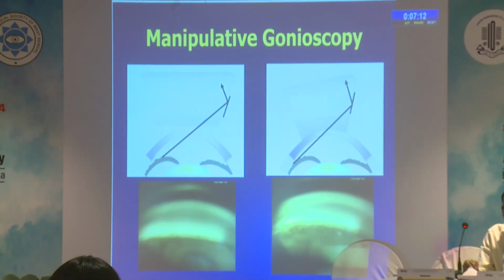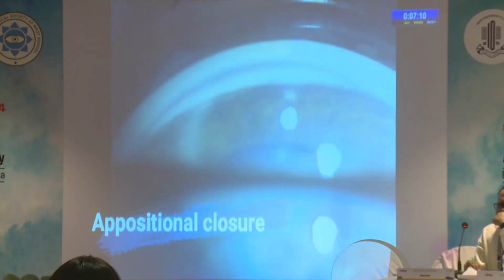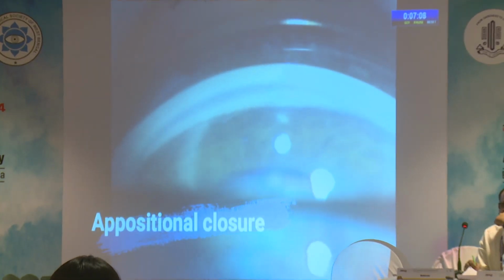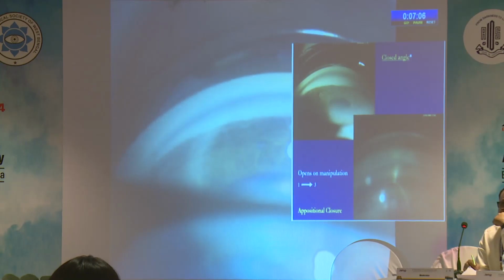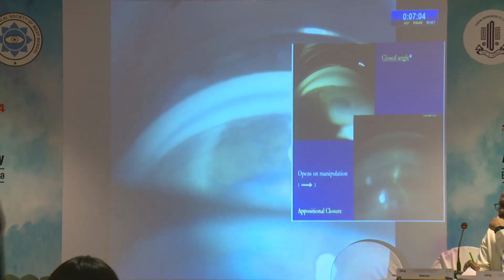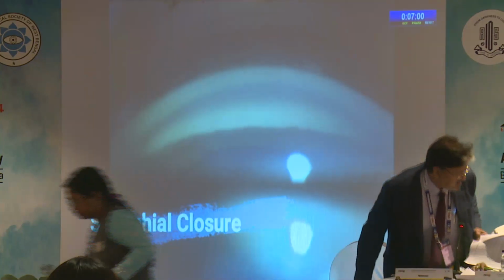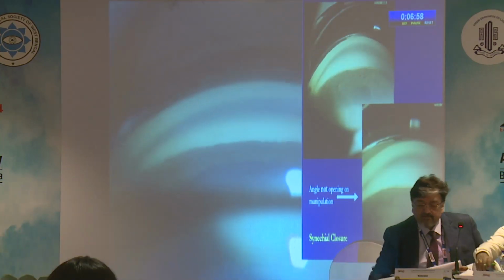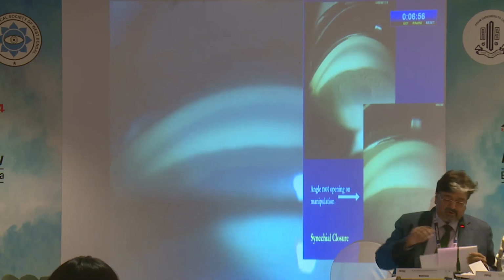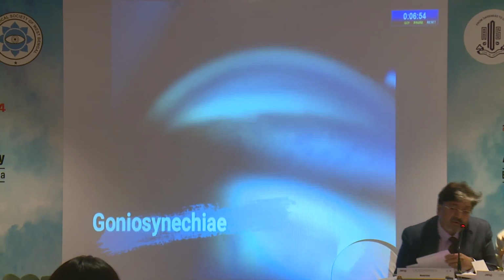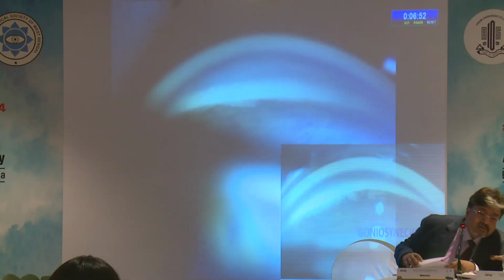If on manipulation the angle gets opened, it is called a positional closure, as opposed to when the angle does not open on manipulation, it is a type of synechial closure. In synechial closure, we see goniosynechiae.